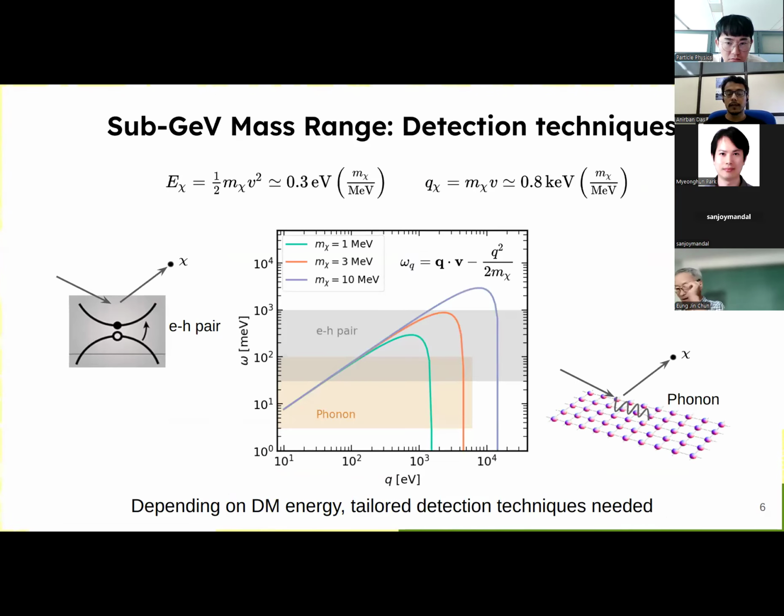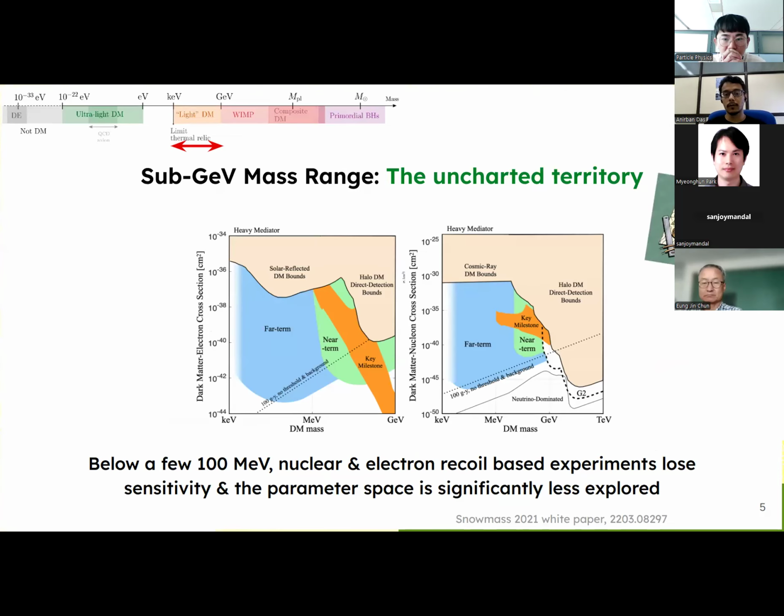And I said that it's difficult to do experiments below GeV dark matter mass. The reason behind that is because we know that dark matter is non-relativistic, it's cold. So the typical kinetic energy is just the non-relativistic one, half m v squared.